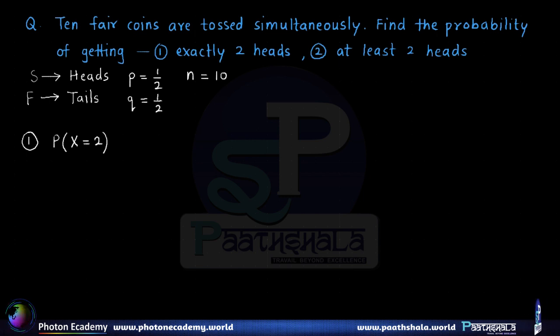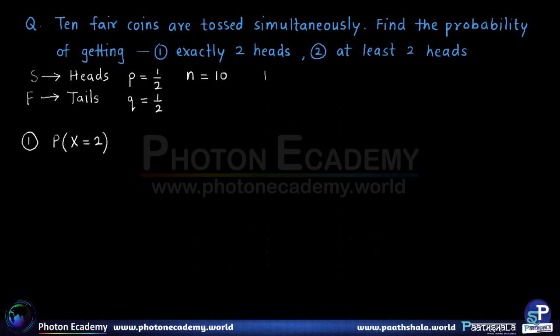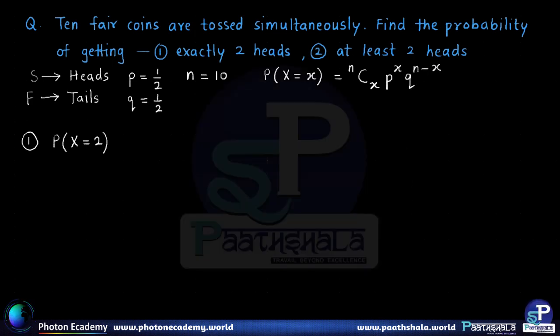Now just to recollect the formula for the binomial distribution, the probability of x having the value small x is given by nCx p raised to x into q raised to n minus x. So therefore here the probability of getting 2 heads or 2 successes is 10C2.